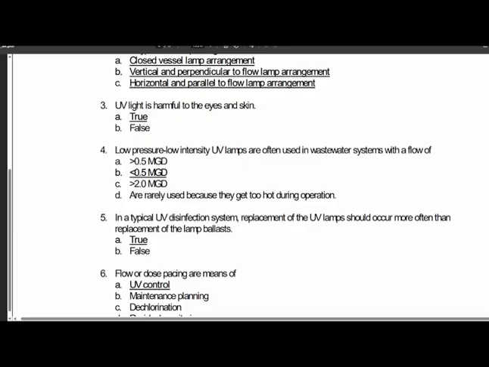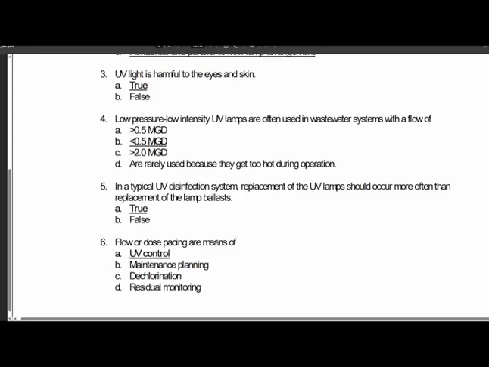In typical UV disinfection systems, replacement of UV lamps should occur more often than a replacement of the lamp ballasts. So that means changing your bulbs before you change the fixture. Flow or dose pacing are means of UV control.